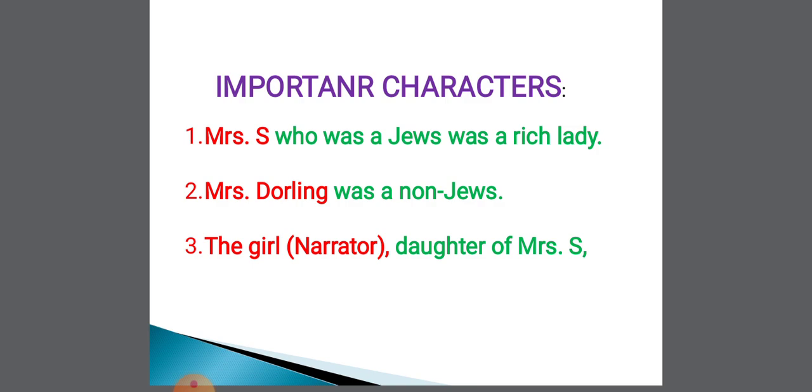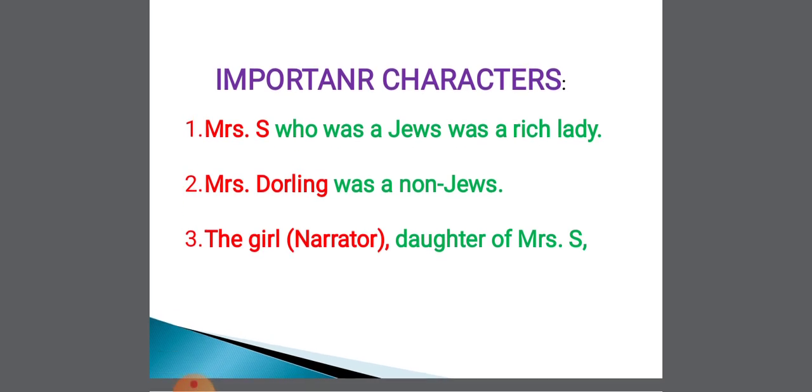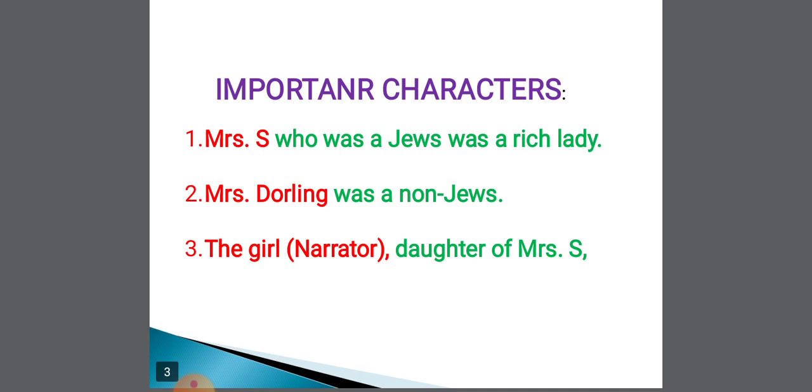During the Second World War, when the Jews were attacked, being a Jew, Mrs. S and her family members had to flee away, leave their paternal house and all their belongings.